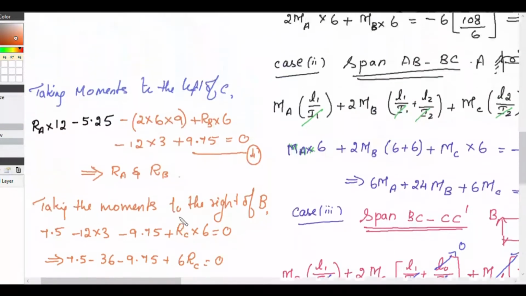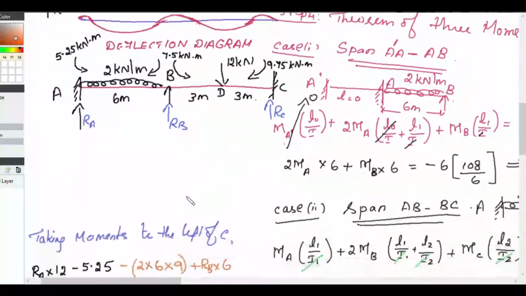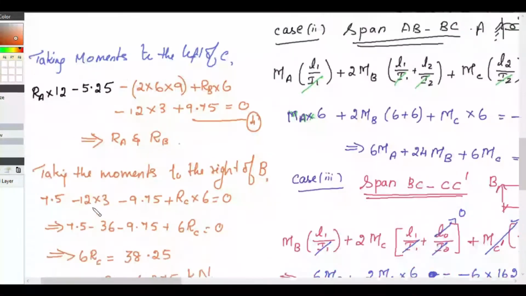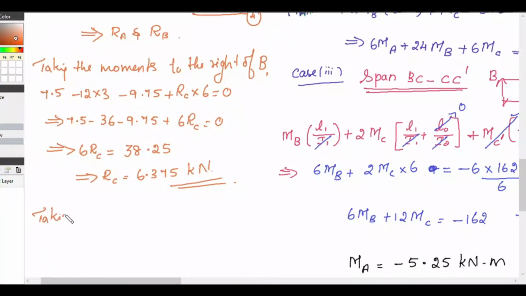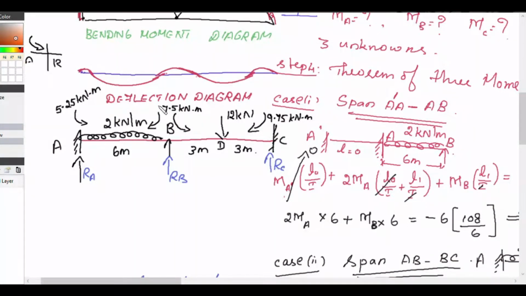Now the unknowns are RA and RB. So for the next step, finding RA and RB, we will consider the moment to the left of B. So taking the moments to the left of B, we have this is a clockwise moment.